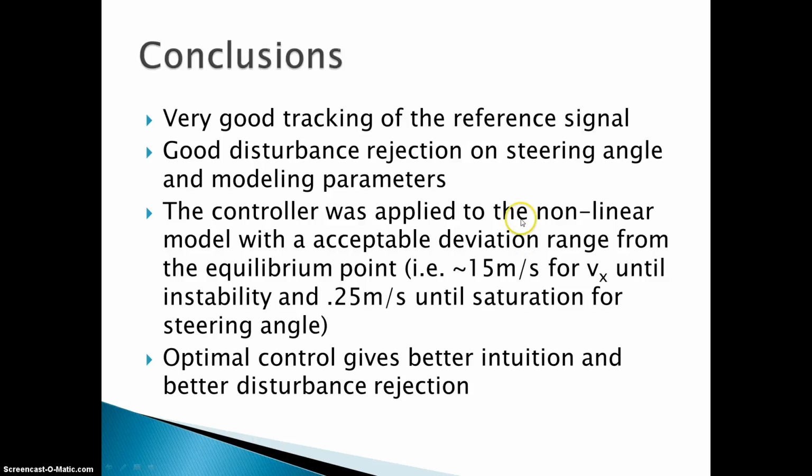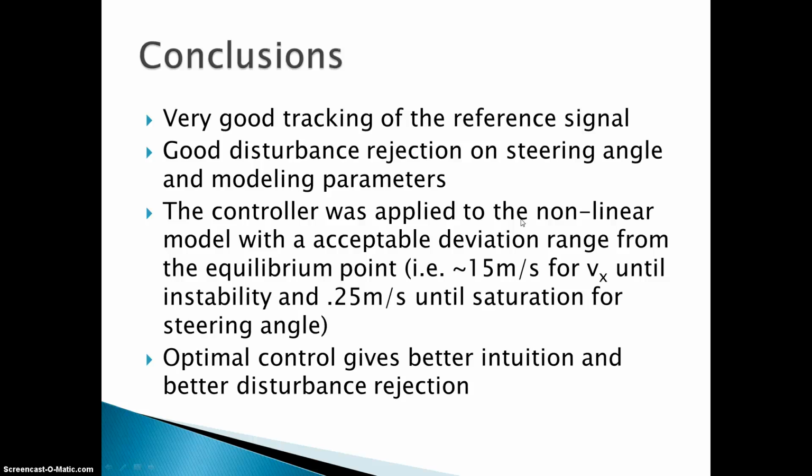So in conclusion, our design had very good tracking, and it also had good disturbance rejection on the steering angle and modeling parameters. We can also say that the controller was applied to a nonlinear model, and the deviations caused instability or saturation in our system.